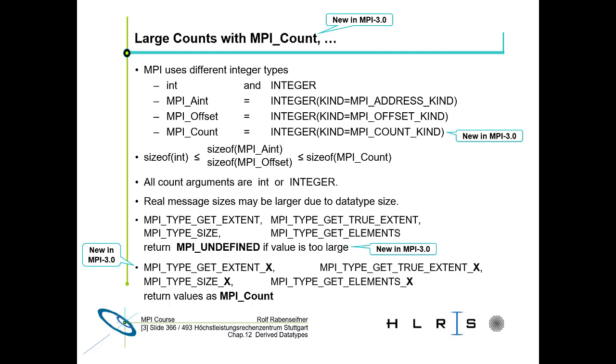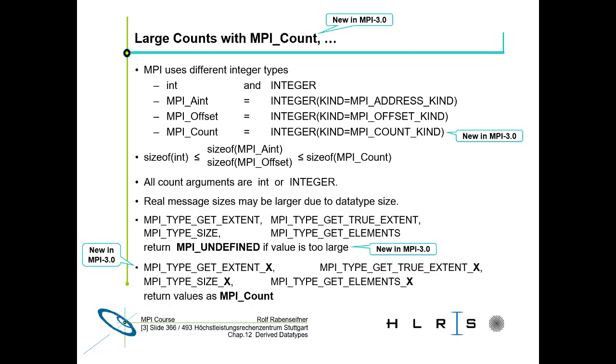And then there is MPI count, which again is large enough for your larger counts. So what you know is that size of int is less than or equal to the address kinds, so MPI aint and MPI offset, and that MPI count is potentially even larger.